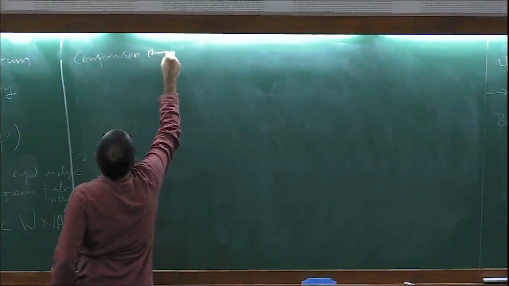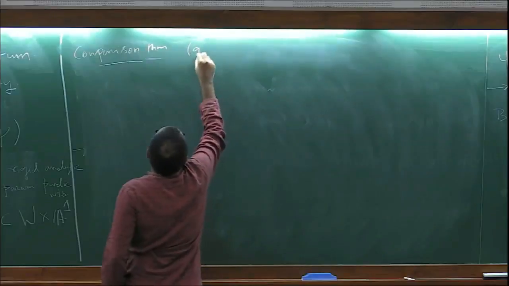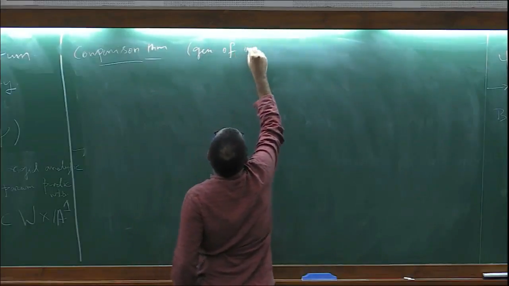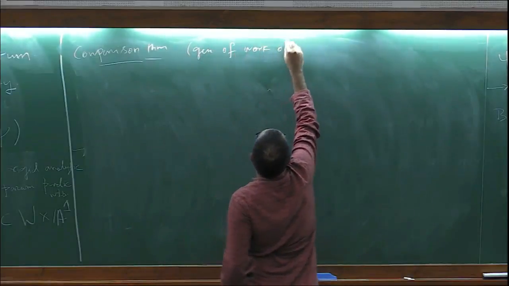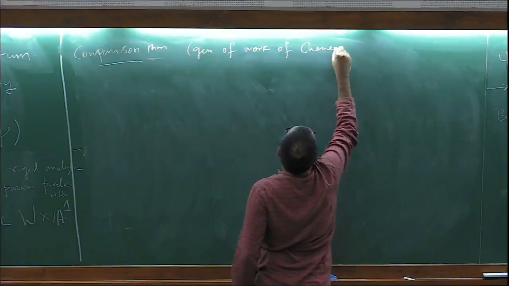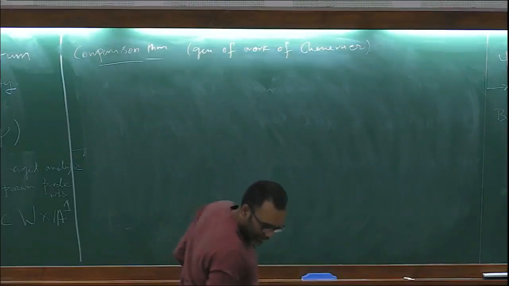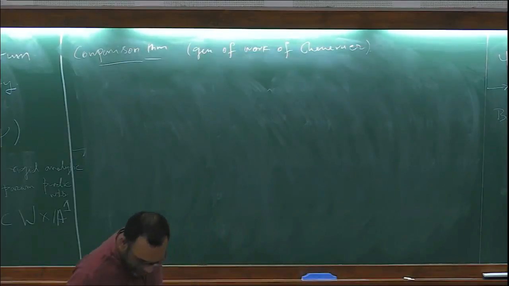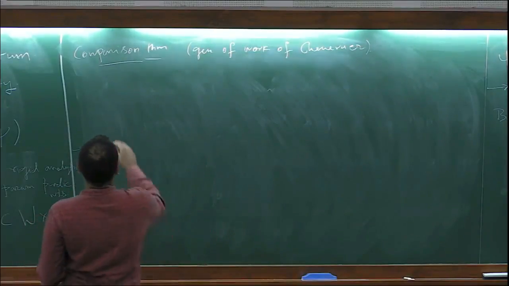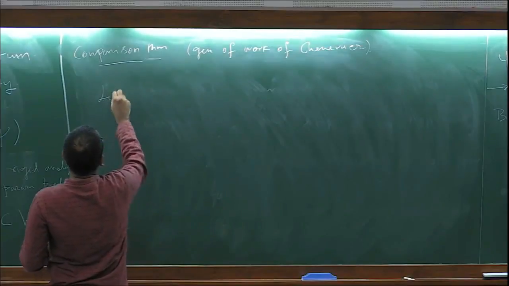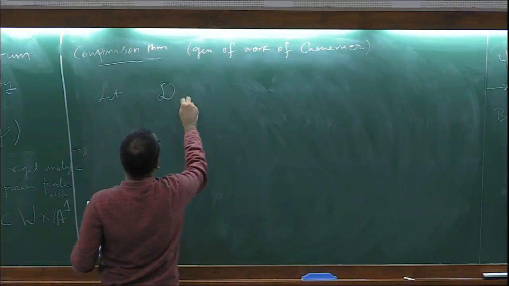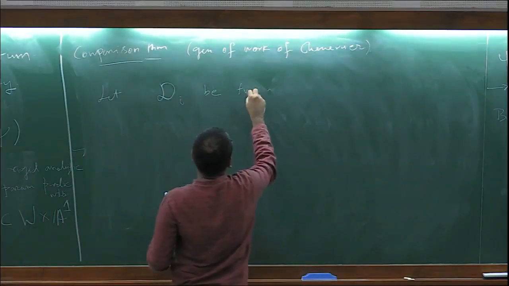It allows you to construct maps between eigenvarieties. So let D_i be two eigenvariety data.